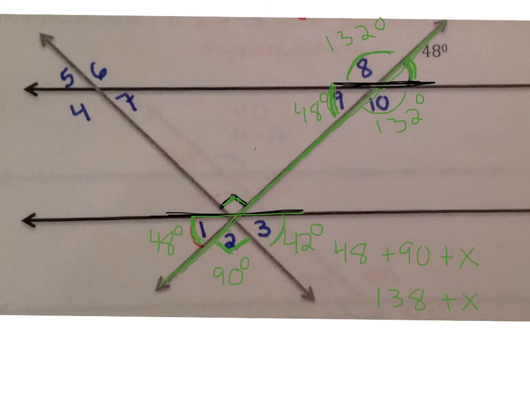All right, so now let's look at the other transversal. And we have to take what we just got and use it to find our other angles. So angle 3 we said was 42, and alternate exterior would be number 5, which is also 42, which means angle 7 is 42.